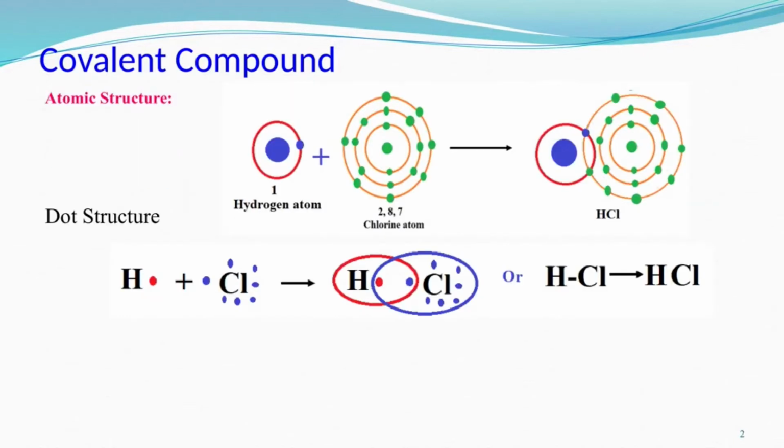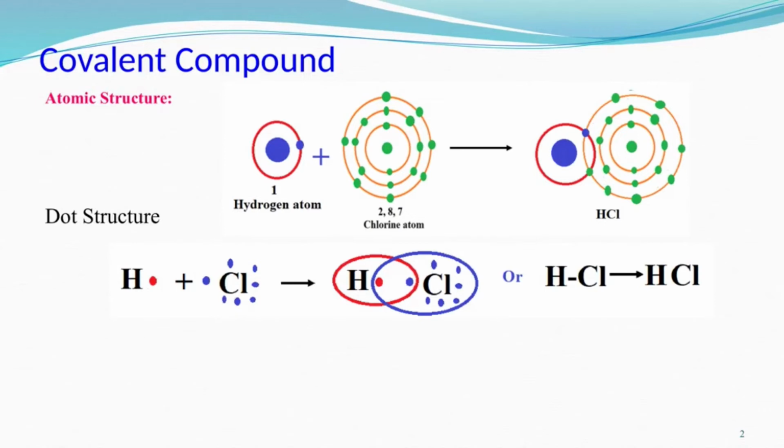In the next slide we can see a single covalent bond in HCl, hydrogen chloride, other than H2. Here the elements have different valence electrons, but they are sharing the same number of electrons, that is 1 electron each. In the hydrogen atom only one electron is there, whereas in the chlorine atom the number of valence electrons is 7, and they share 1 electron with each other in HCl.